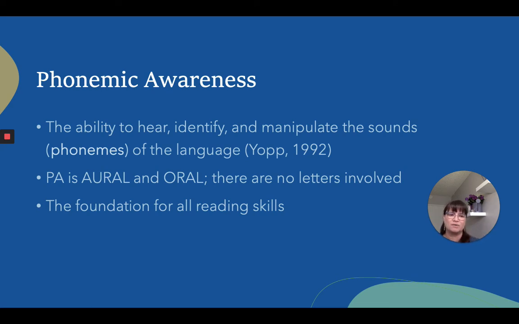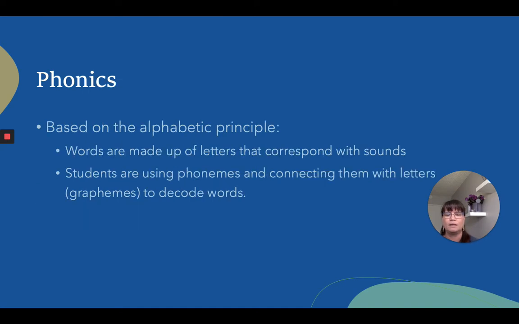Once we have foundational skills in phonemic awareness, we can move into phonics, which is probably the best known and still strangely debated aspect of reading. So let me be clear about phonics. Phonics-based instruction is the only way in which students will become proficient readers.